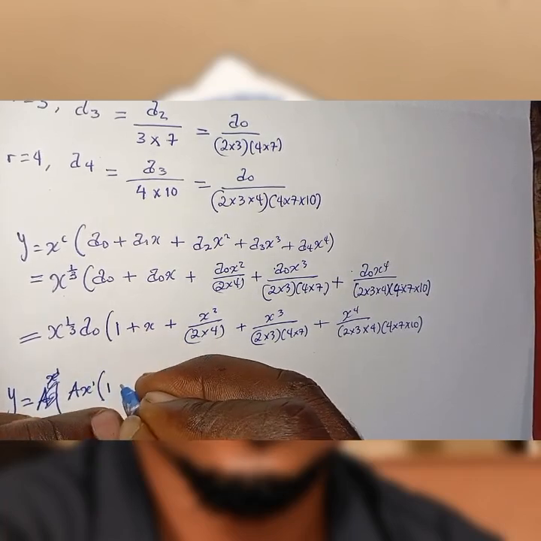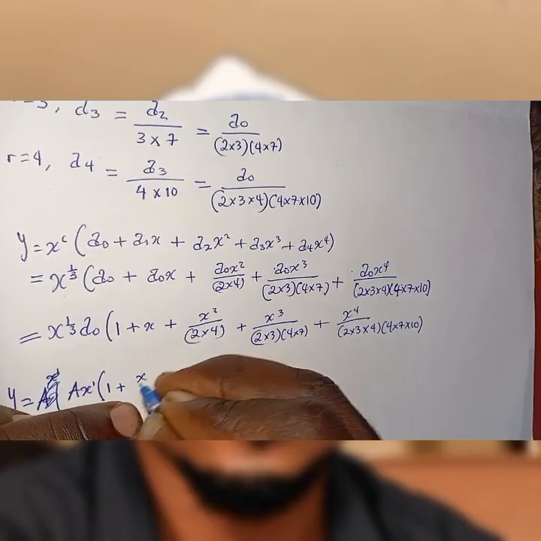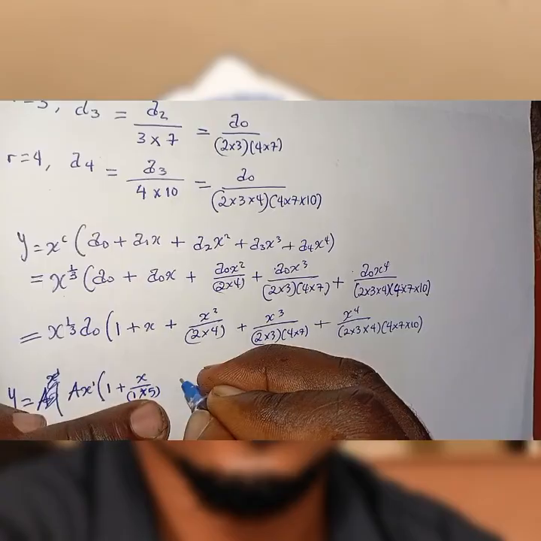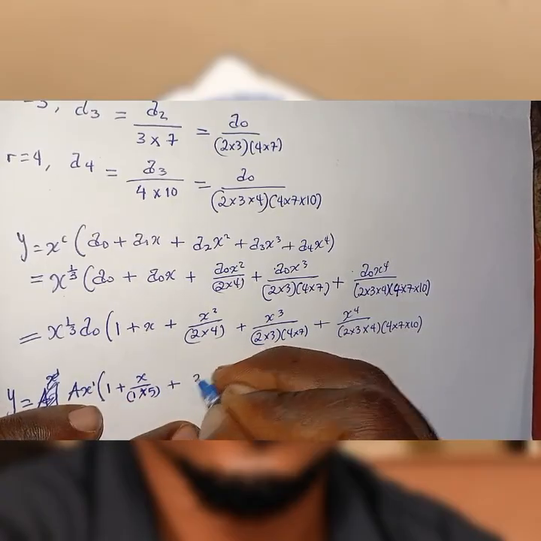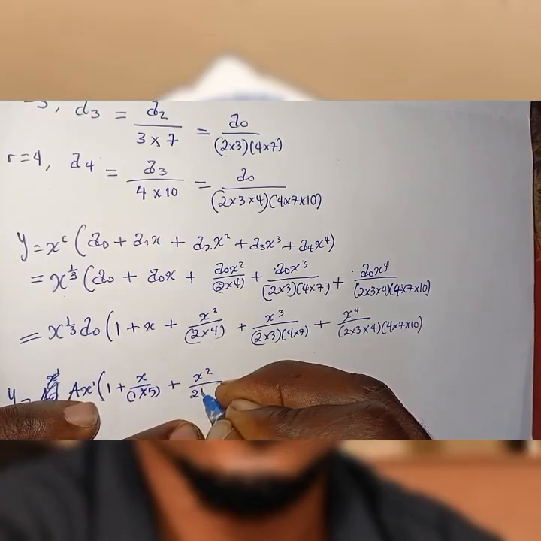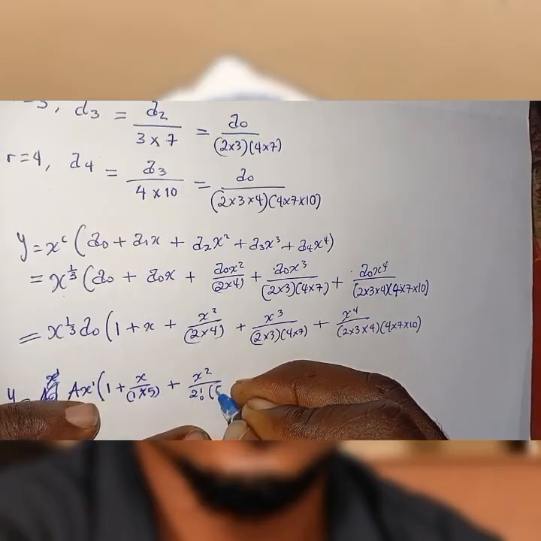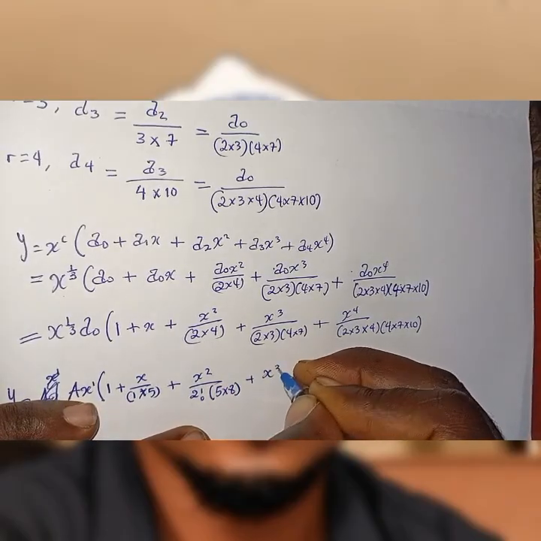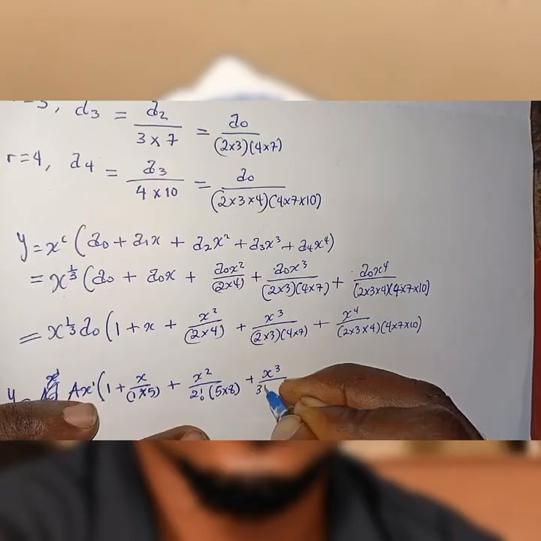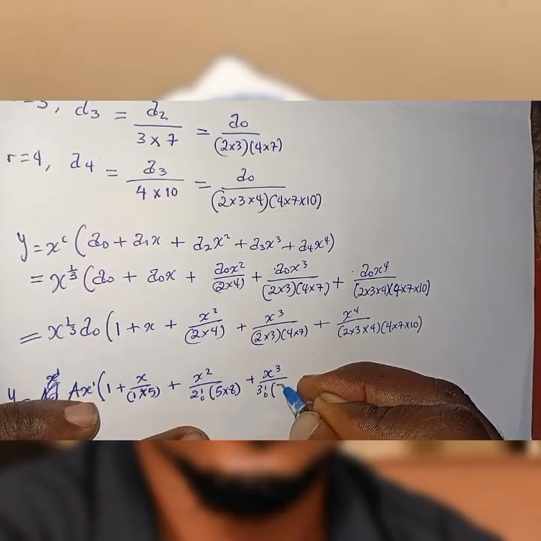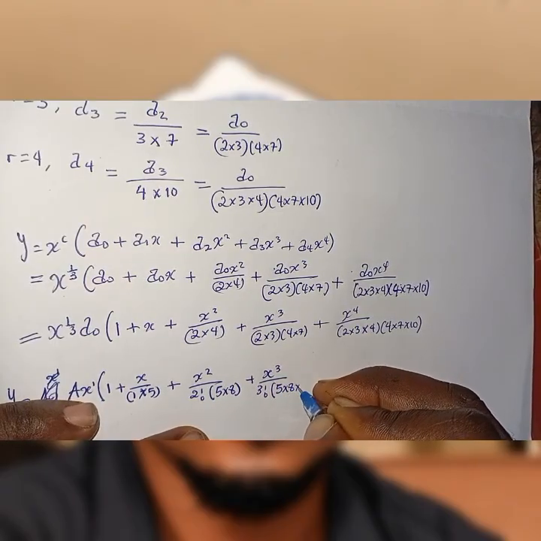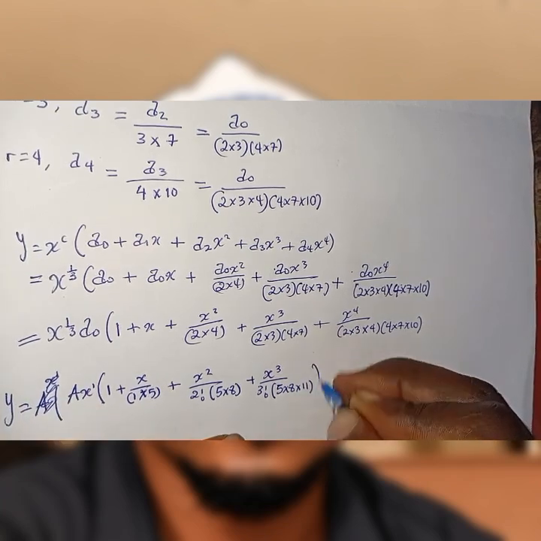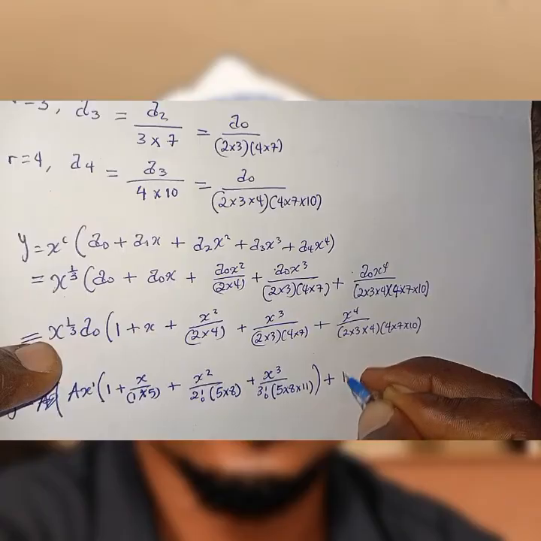Then we have 1 plus x over 1 times 5, plus x squared over 2 factorial, 5 times 8, plus x cubed over 3 factorial, 5 times 8 times 11. So this will be b.